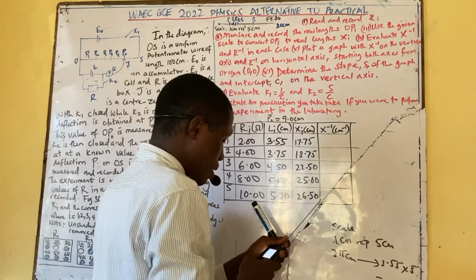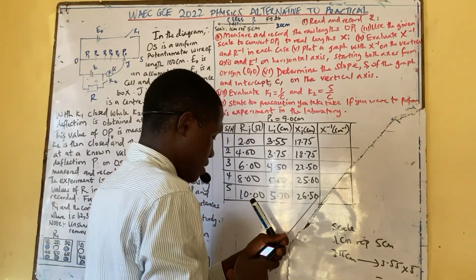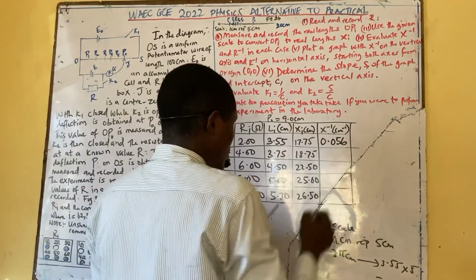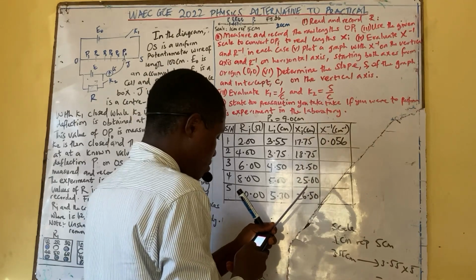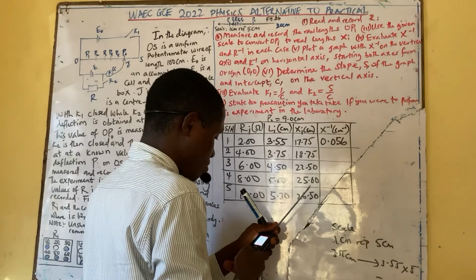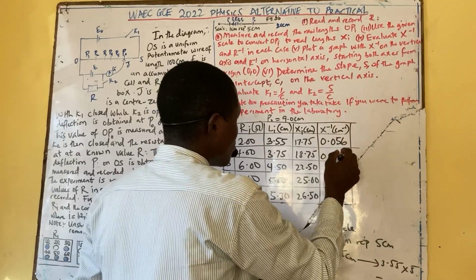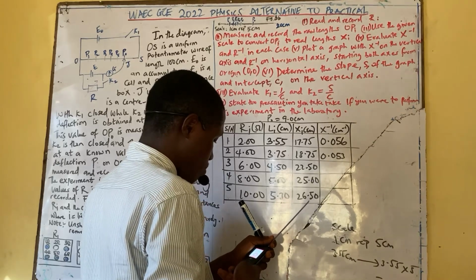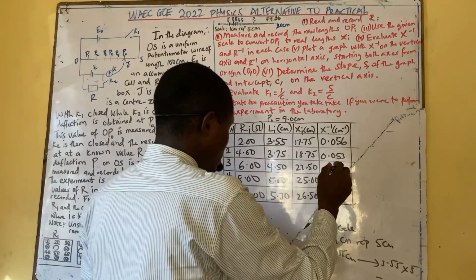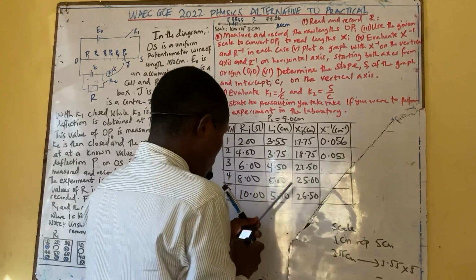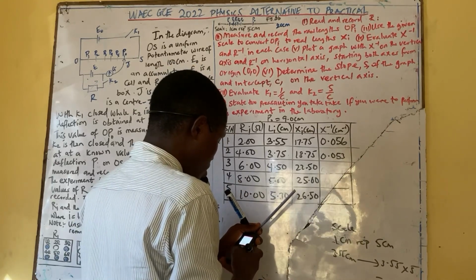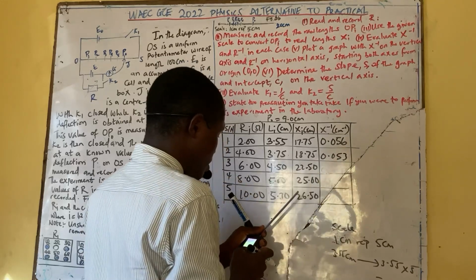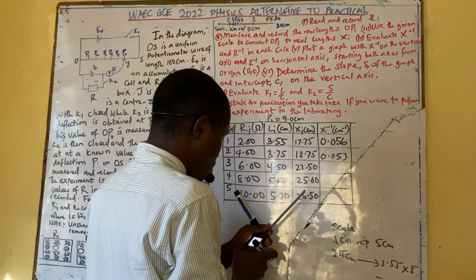On your calculator, 1 divided by 17.75 gives 0.056 to 3 decimal places. 1 divided by 18.75 gives 0.053. Then 1 divided by 22.5, and so on. We are going to use 1 divided by 122.1.